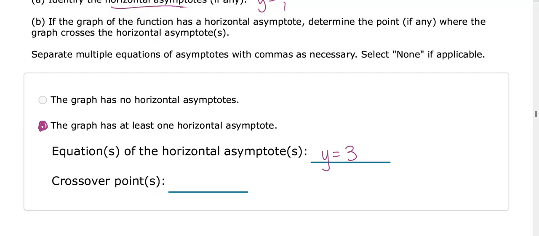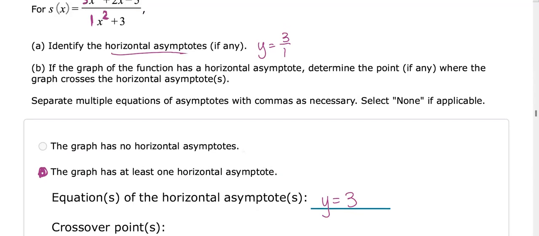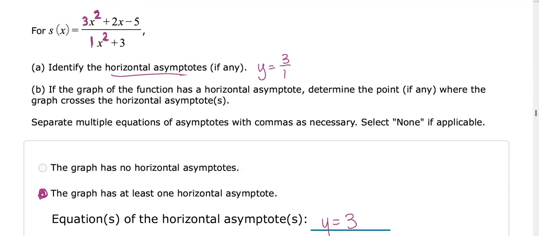So if we set the y value equal to 3 and solve for x, what do we get? 3 equals 3x squared plus 2x minus 5 all over x squared plus 3. I'm going to multiply both sides by x squared plus 3 so I can get rid of the denominator.